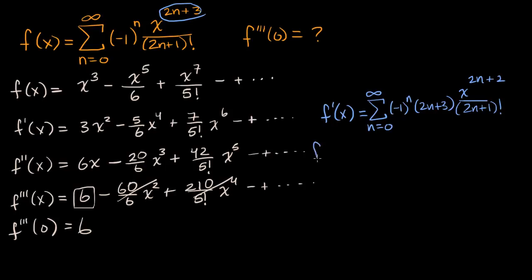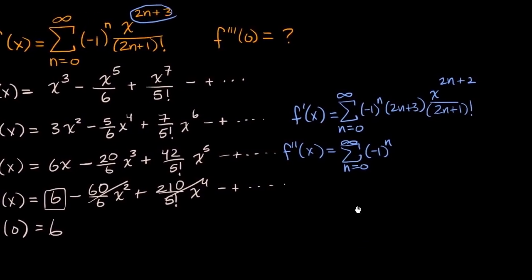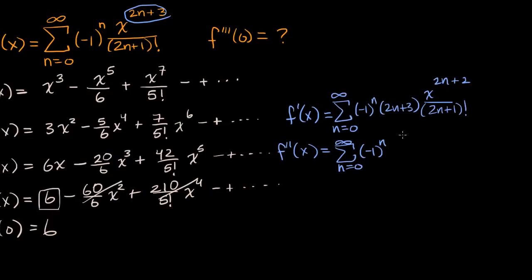And then if you want to take the second derivative, and this is the same thing as this. If you take the second derivative, f prime prime of x, well, now we're taking the sum from 0 to infinity of negative 1 to the n. Let me move over to the right a little bit so we have some space. And now we take this exponent out front.